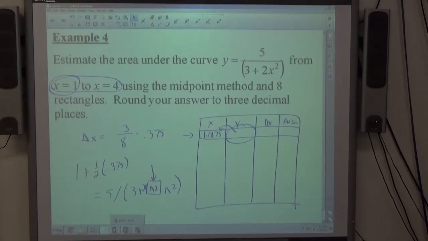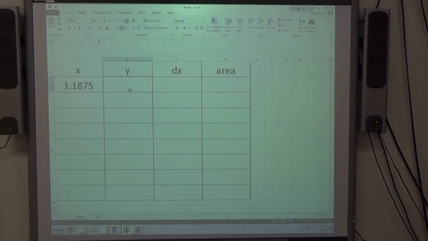And then I want to use my formula 5 over 3 plus 2x squared. So equals, anytime you type a formula you want to hit equals first, and then 5 divided by parentheses, and then, what was it again, 3 plus 2x squared? 3 plus 2 times A2, yep, squared. So 3 plus 2 times, and again, you have to hit the times key.